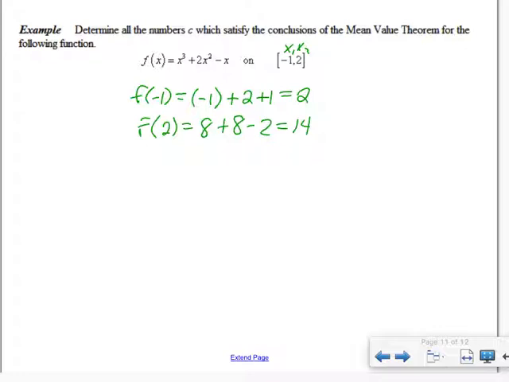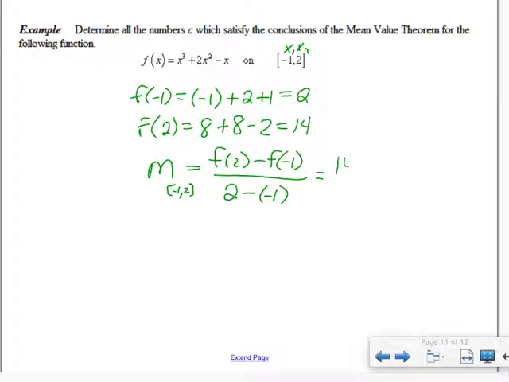Now let's find the slope between the first x value and the second x value if we were to connect a line between those two. So the slope on that interval from -1 to 2 is f of 2 minus f of negative 1 over 2 minus negative 1. And we already found those values, which is really great.